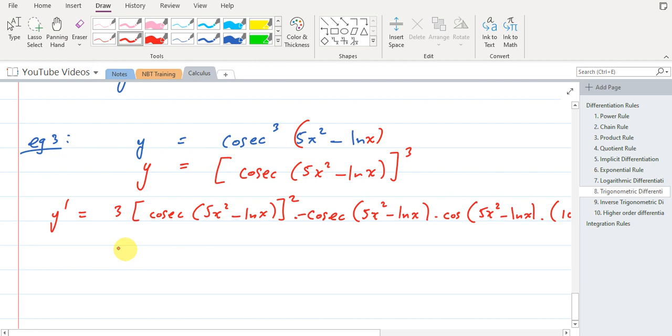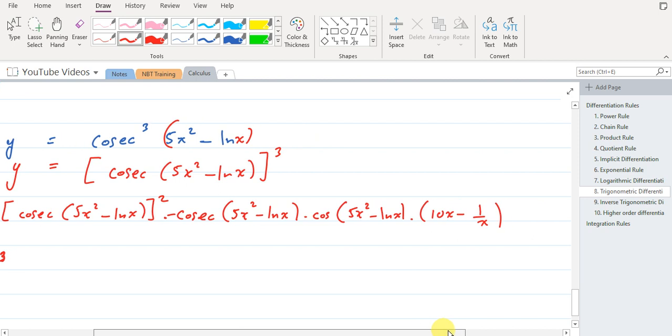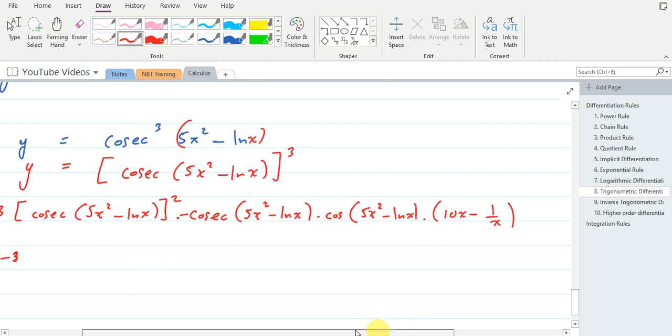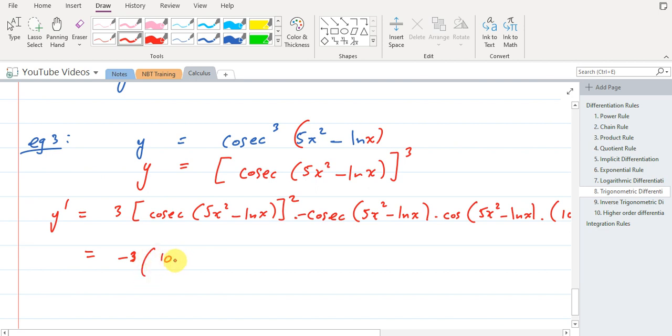Right, so let's simplify everything as far as possible. This is minus 3. Let me bring the other bracket at the end to the front: 10x minus 1 over x. Then we can see that this part and that part can be combined.